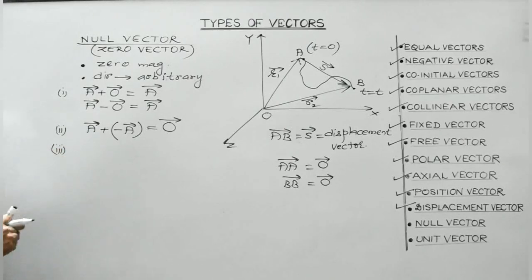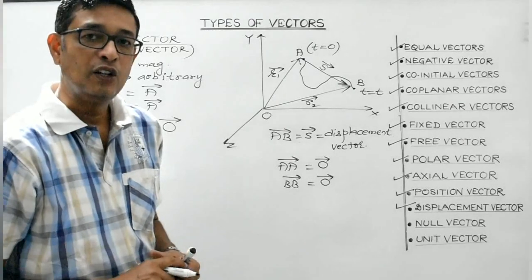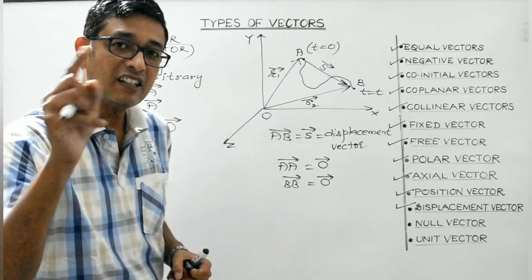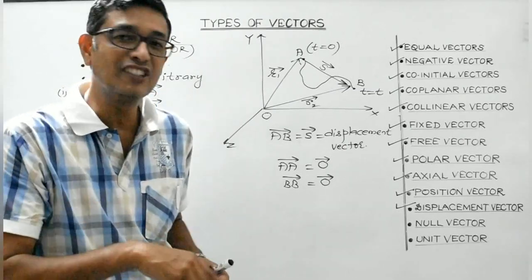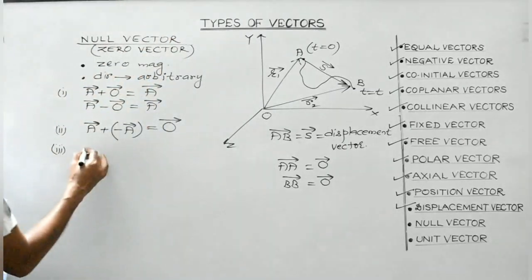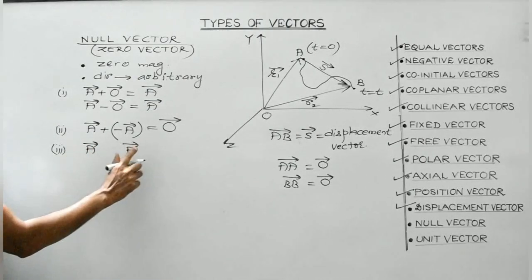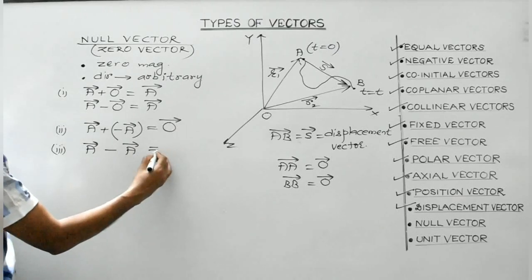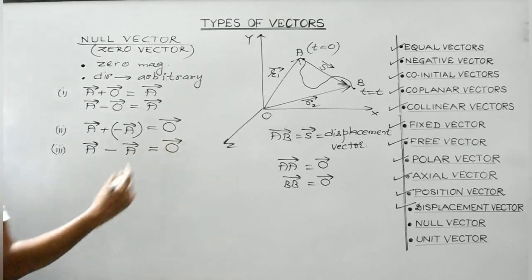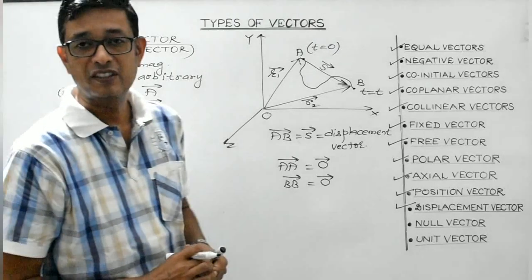Third, when two equal vectors are subtracted, then it results in a null vector. Like A vector and this is A vector. Both are equal vectors. When they are subtracted, then it will result in a null vector. Clear, students?